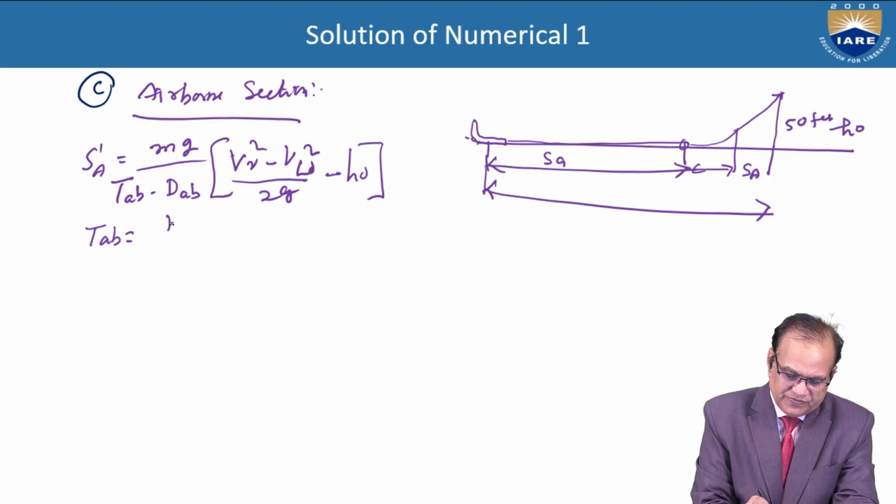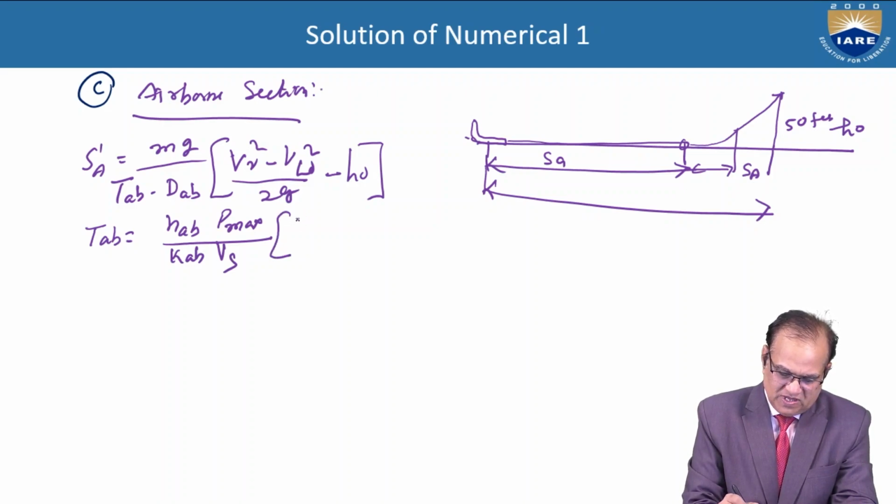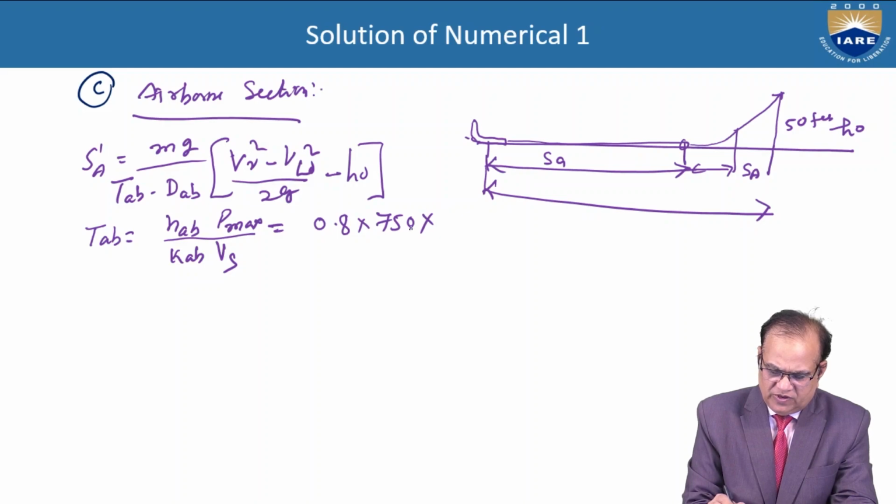TAB is equal to NAB into P max, this is the efficiency, divided by KAB VS. So we can now write this as NAB is 0.8, 750 into HP to watt, 746 divided by 1.25 into 67 into 0.5144.